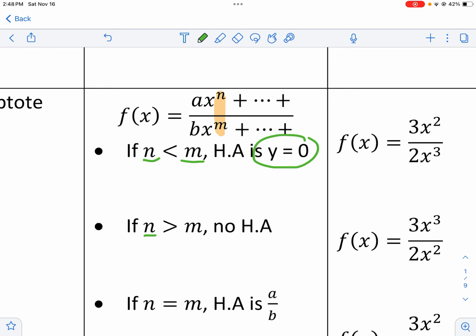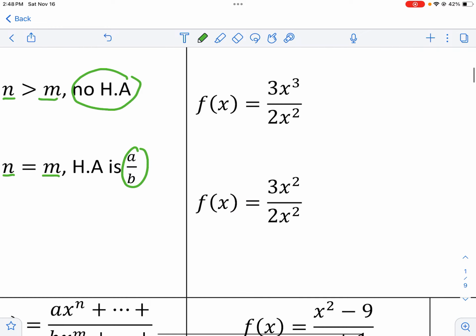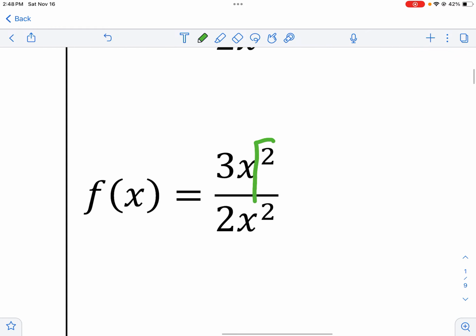If the top is bigger than the bottom, there is no horizontal asymptote. And if they are the same, then I have to divide the numbers. For example, in this example, since these two powers are the same, my horizontal asymptote is 3 over 2.